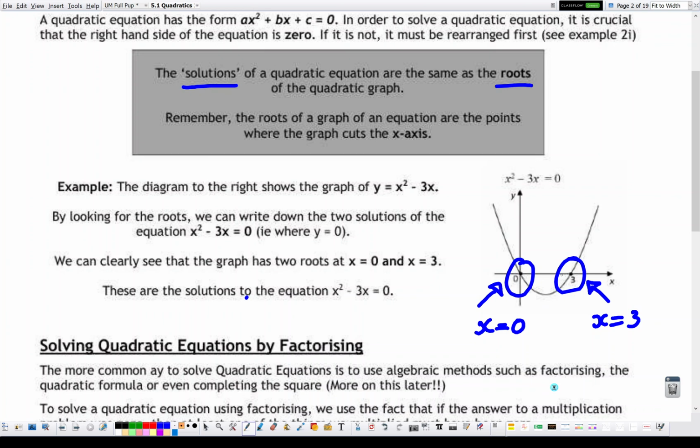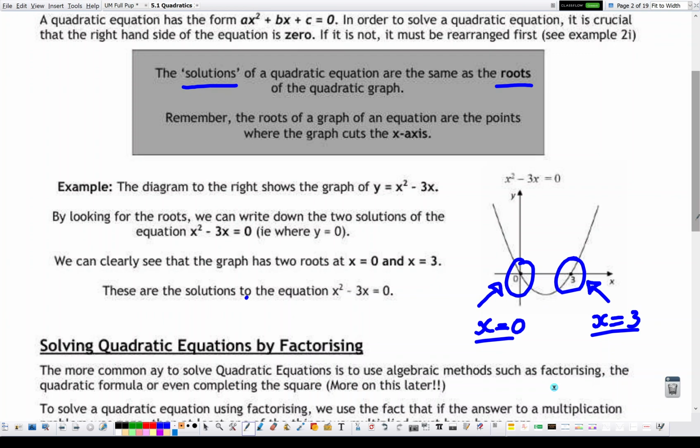So that is all we would have to do to get the solutions, just reading them off the graph. So the exercise we're going to do today, there's a short question on solving graphically. Literally all you have to do is write down x equals whatever the two numbers are where your graph cuts the x-axis. That's your solutions. Couldn't really be any easier. Okay, so that'll be no problem for you.